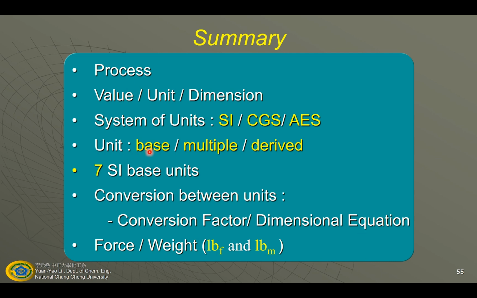And the units will be base unit, multiple unit, and derived unit. There are only 7 SI base units, okay? Only 7 base units, no number 8. For the conversion between units, you use the conversion factor and the dimensional equation. And finally is force. You need to know what is force and what is weight, and especially pound force and pound mass.